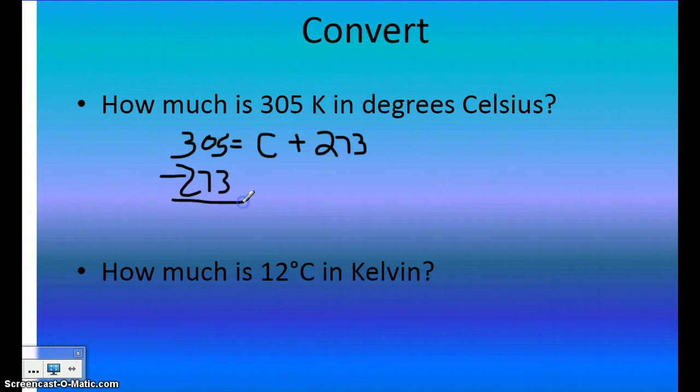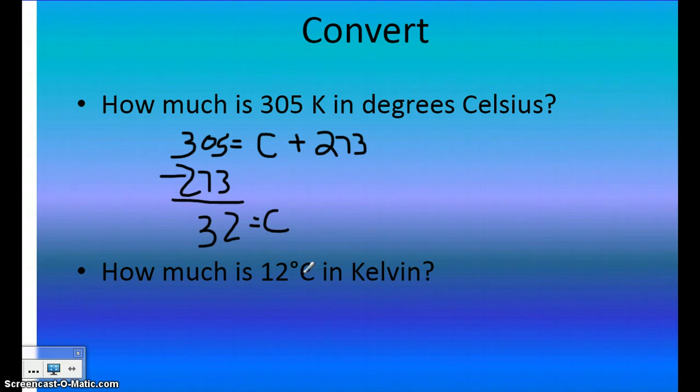And that would tell us that in degrees Celsius, the sample is, let's see, 305, so that'd be 32 degrees Celsius.